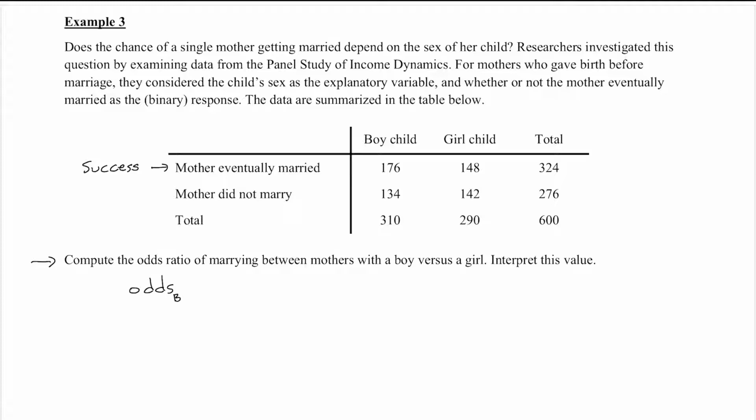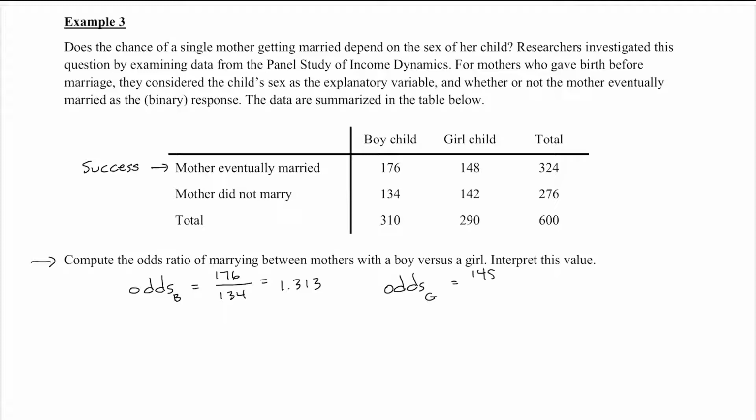Okay, so again, the odds of success, meaning eventually getting married, for women with a boy child, that is successes in ratio with failures, that value is 1.313. Again, double check me on that.